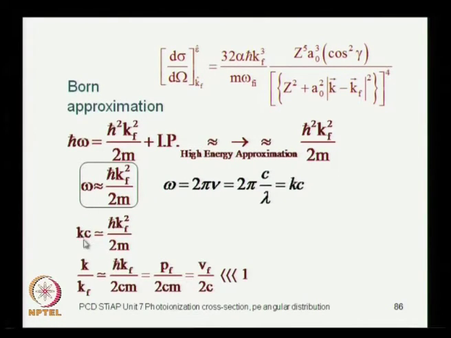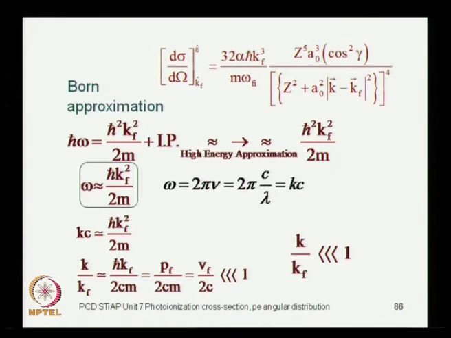Therefore, you have k times c, which is nearly equal to h cross k square by 2m, and this tells you that k over kf will be equal to Vf over twice c, c being the speed of light, which you know is huge. Okay. And in the Born approximation, k over kf then becomes a small quantity, which in some approximate expansion scheme you will be able to ignore. Okay. So, this is the advantage of the Born approximation that we will exploit. So, k over kf is much smaller than 1.